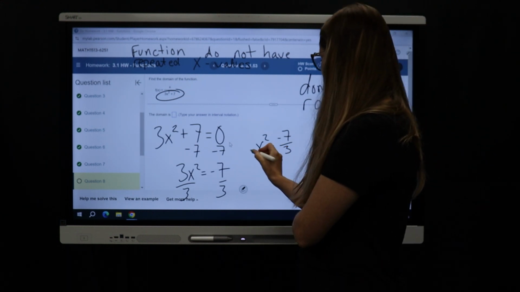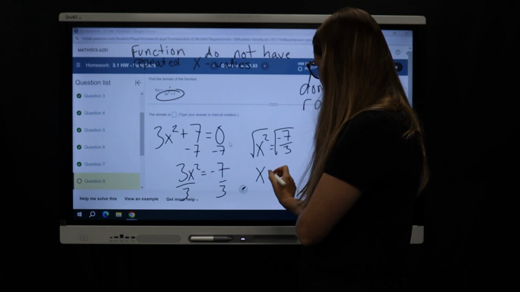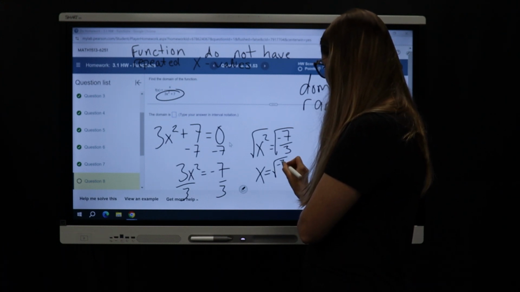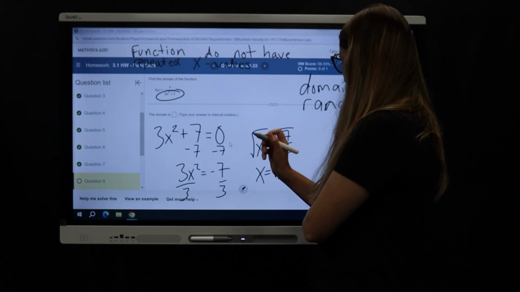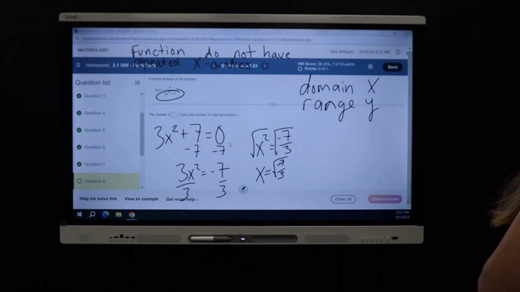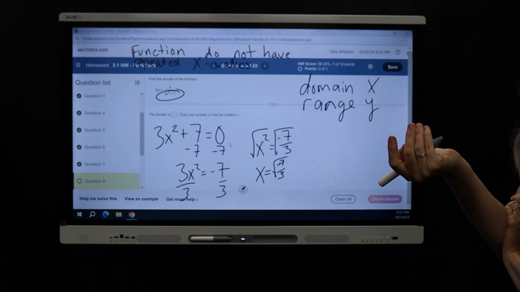Opposite of a square is a square root. So I have x equals the square root of negative 7 over 3. Well, that's not real, because we can't have the square root of a negative, remember.